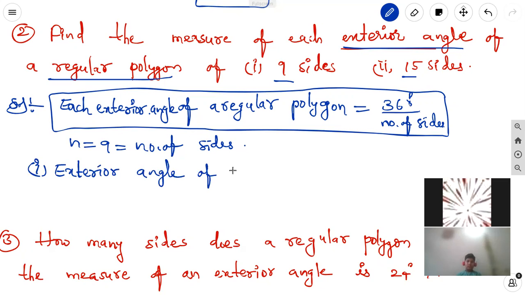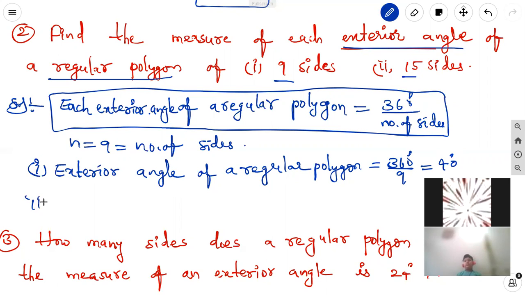Exterior angle of a regular polygon having 9 sides equal to 360 degrees by 9, it is equal to 40 degrees. 9 4s are 36, 40 degrees.